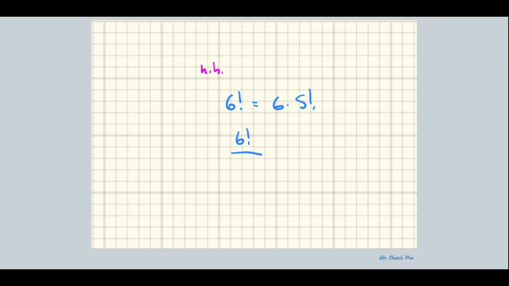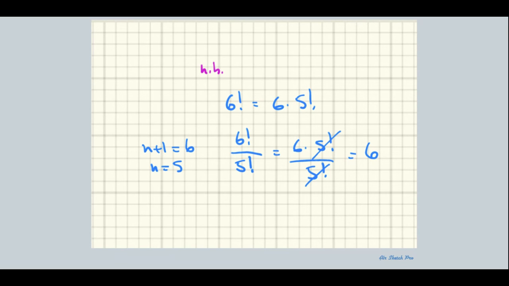So 6 factorial over 5 factorial is 6 times 5 factorial over 5 factorial, which is 6. And that's what I just did. I looked at the n plus 1 factorial, and I divide it by the n factorial here, and end up with just n plus 1.